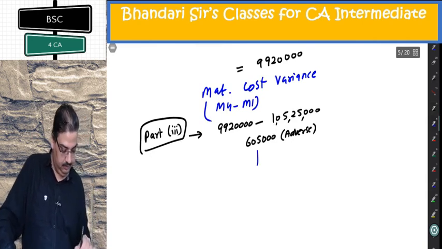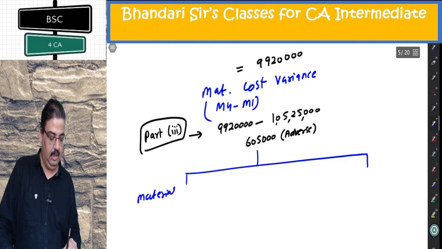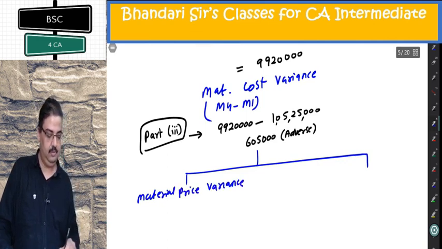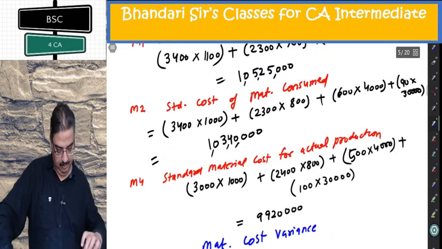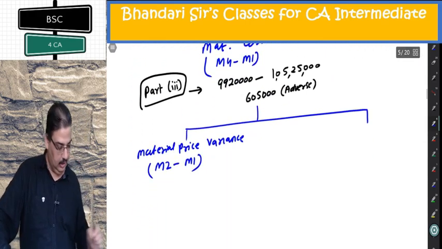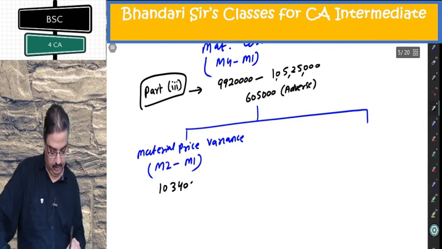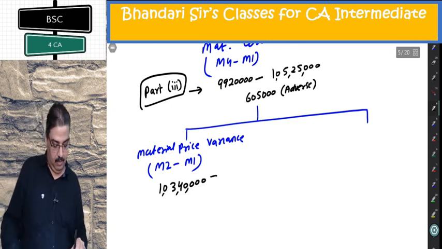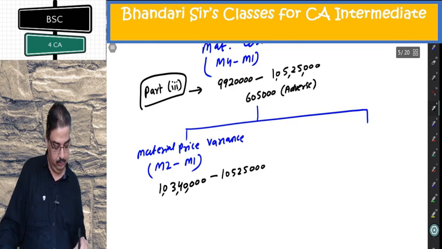Second thing, material price variance, M2 minus M1. M2 there 1 crore 3 lakh 40,000 minus M1, 1052500.